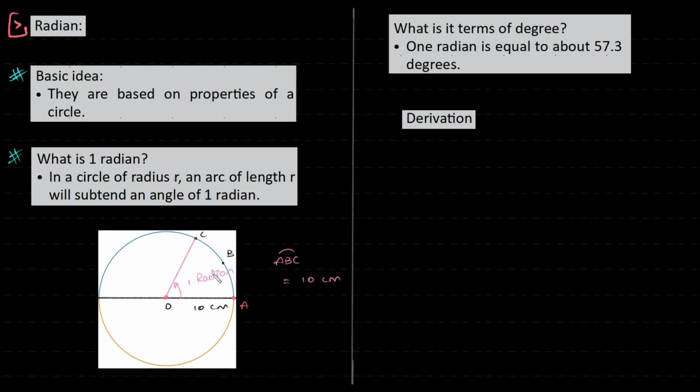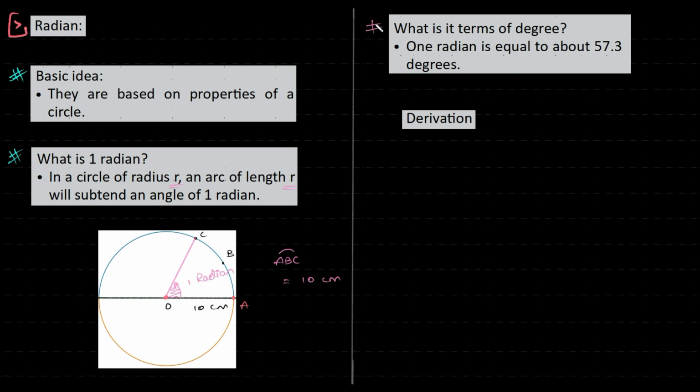So you can relate angles to the properties of a circle. The concept is this: in a circle of radius r, an arc length of r will subtend an angle of 1 radian. This is in general, but if you get this idea, you have pretty much got the concept.